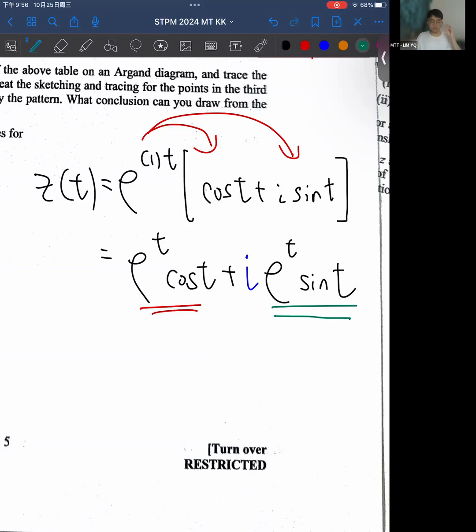If you want to plot these values on an Argand diagram, the real part corresponds to your x value, and your imaginary part corresponds to your y. So e^t cos t is your x coordinate, and e^t sin t is your y coordinate. And I will tell you how to use this.